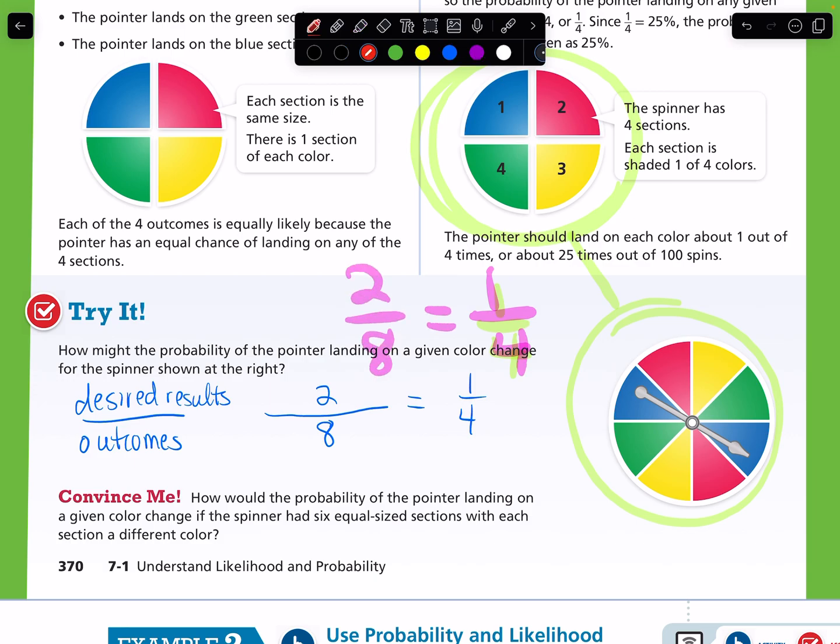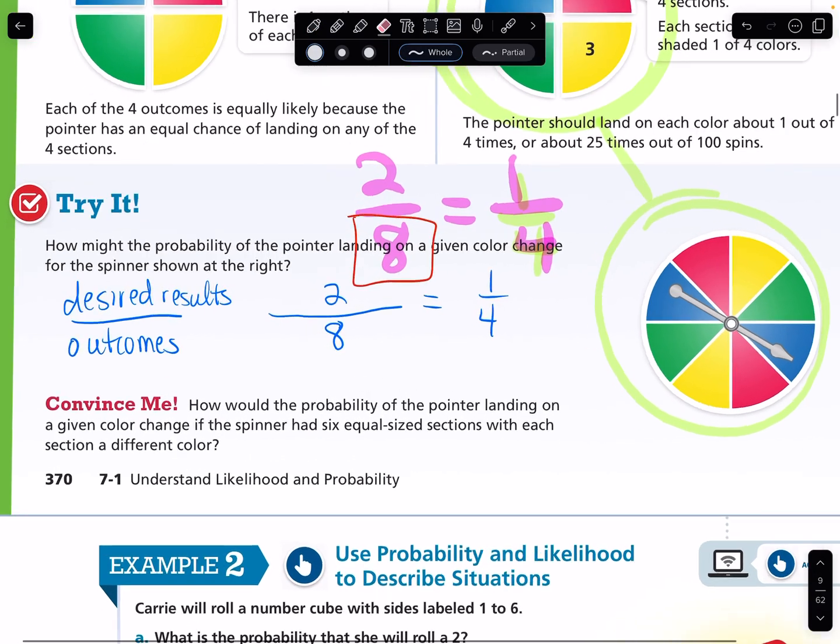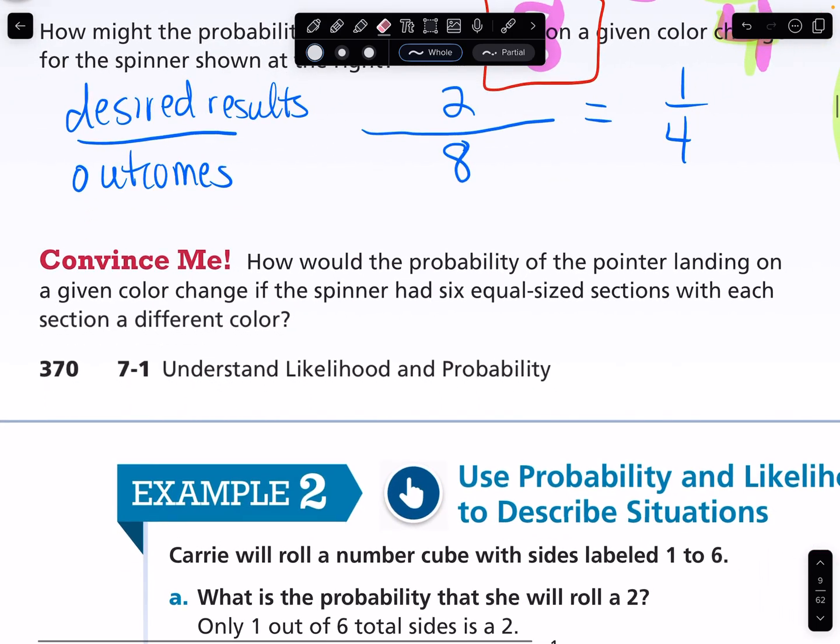And the reason why I'm stressing that is because we need to start with the total number of outcomes on the bottom. You could tell that the book is going to go over that. It says, how would the probability of the pointer landing on a given color change if the spinner had 6 equal size sections with each section a different color?